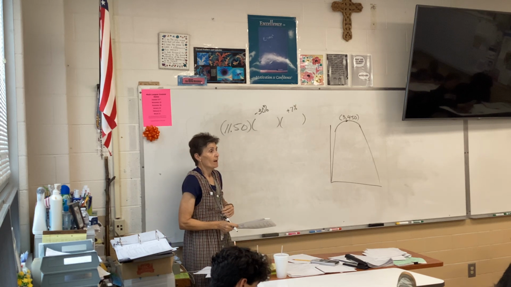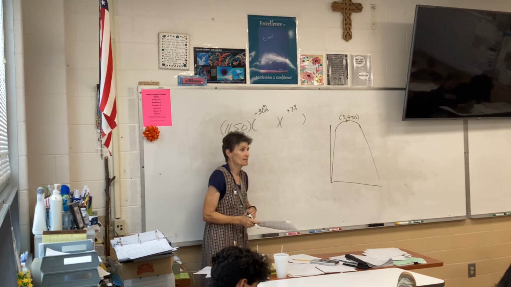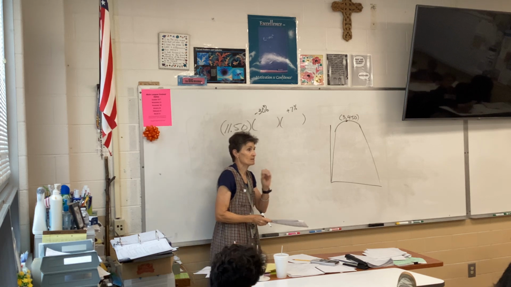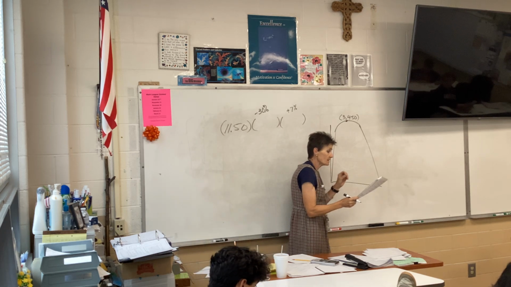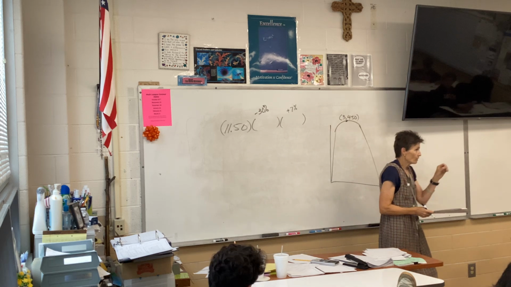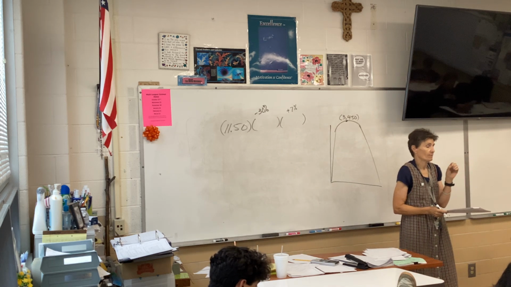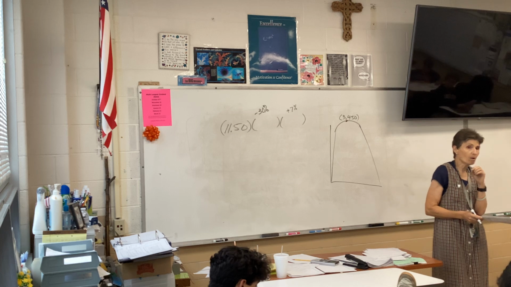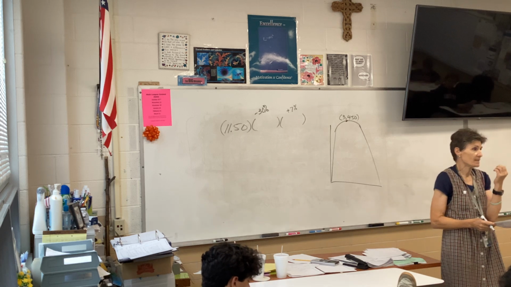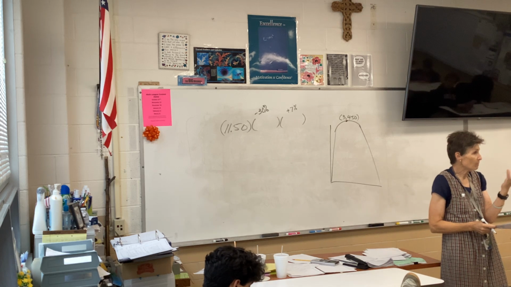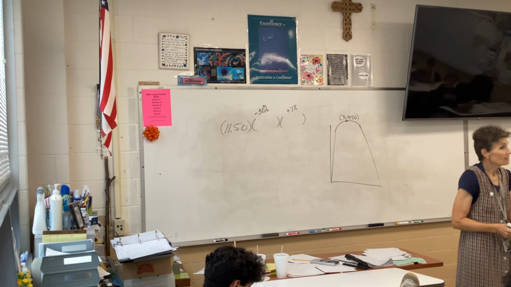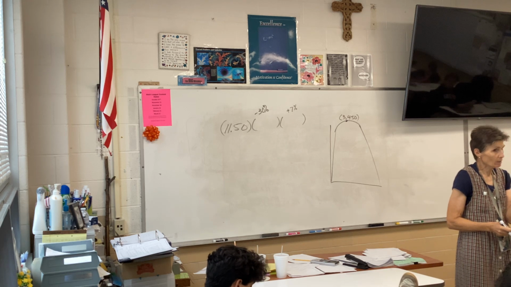All right? Now, I'm not sure how you have done these in the past, but I want you to think about this for a second. If it is on sale for 30% off, if I multiply 1150 times 30%, 0.3, what is that going to tell me?